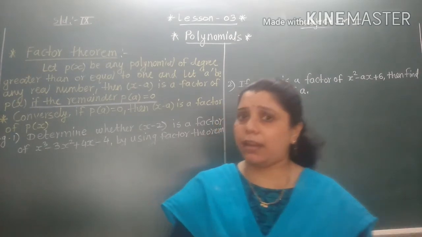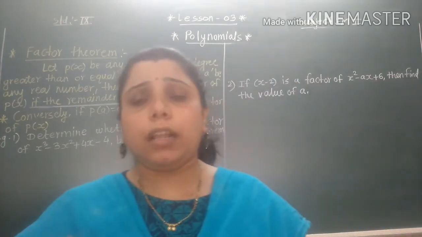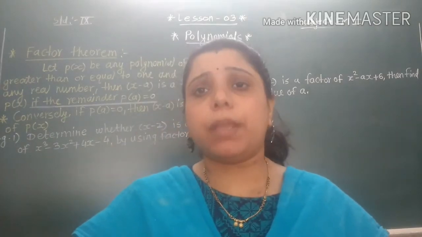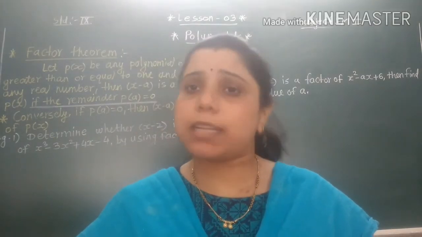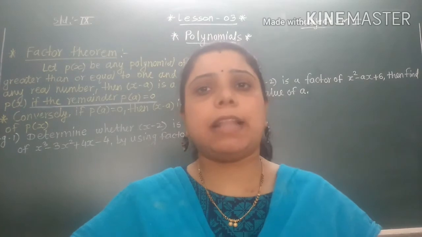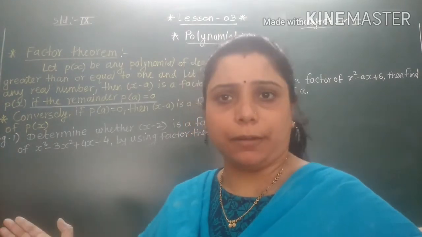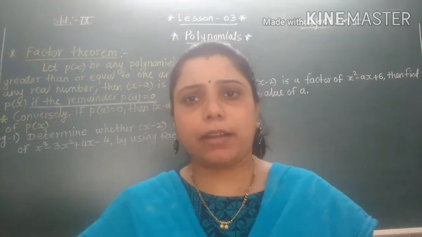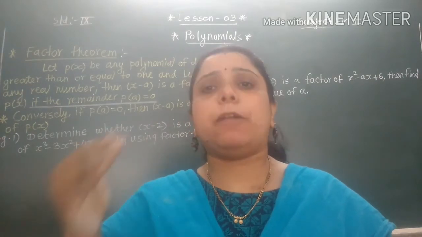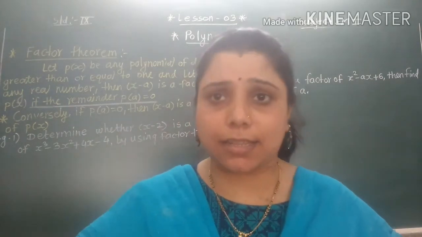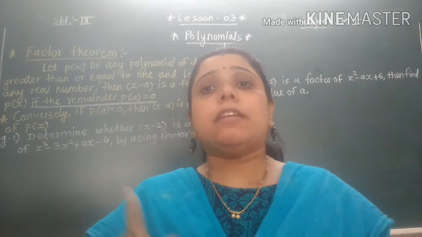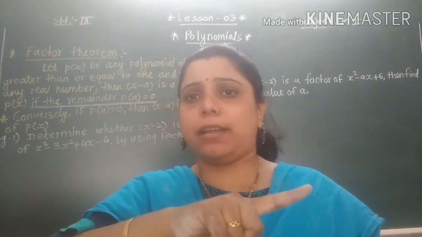In the remainder theorem, the value of the polynomial is other than 0. Sometimes you will get 0 also, but at that time you don't know the factor theorem. So when the value of the polynomial is other than 0, we use the remainder theorem.